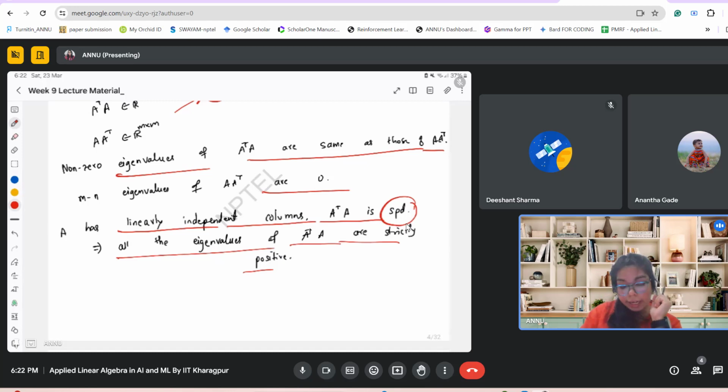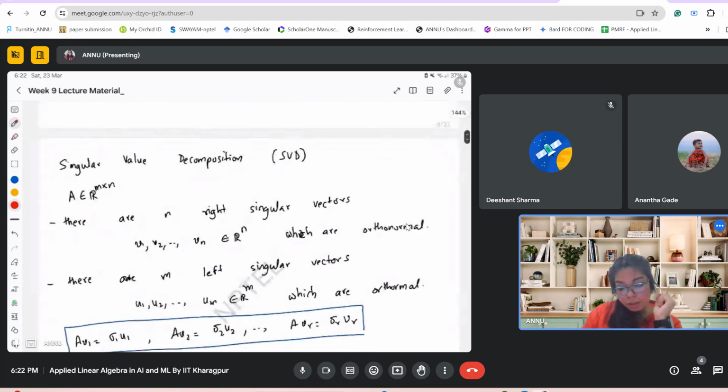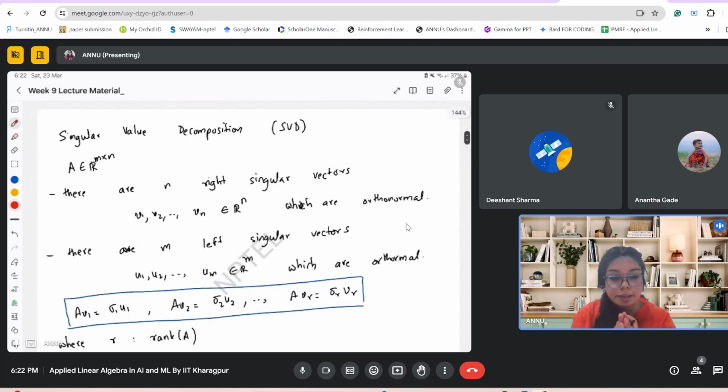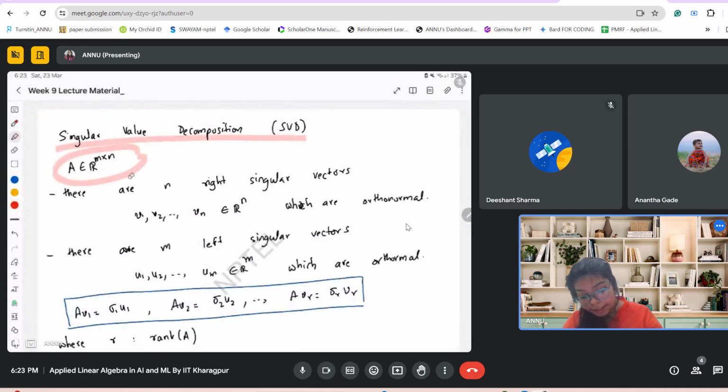Okay, so moving ahead, singular value decomposition. Now this comes to singular value decomposition, one of the most important topics in linear algebra. Now one question: where is it used? Singular value decomposition works for any rectangular matrix or any different types of matrices.